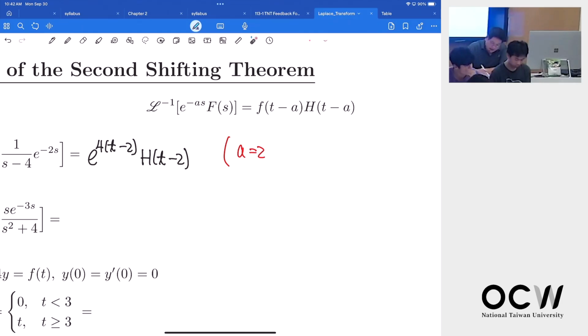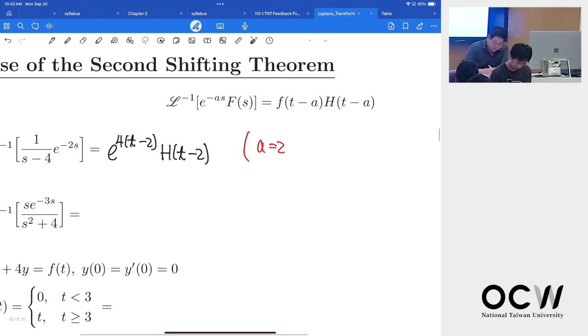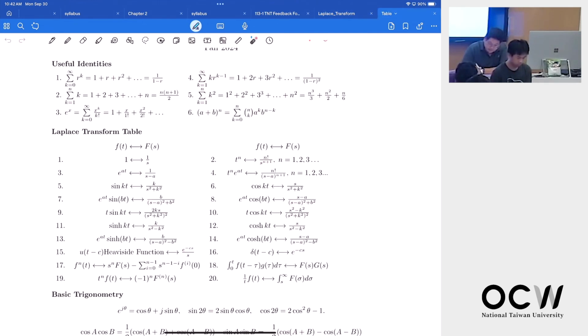And now you need to check the table if you are not familiar with the Laplace transform. But if you do this more, then you know what 1 over s minus 4 is. 1 divided by s minus a will be e to the at.